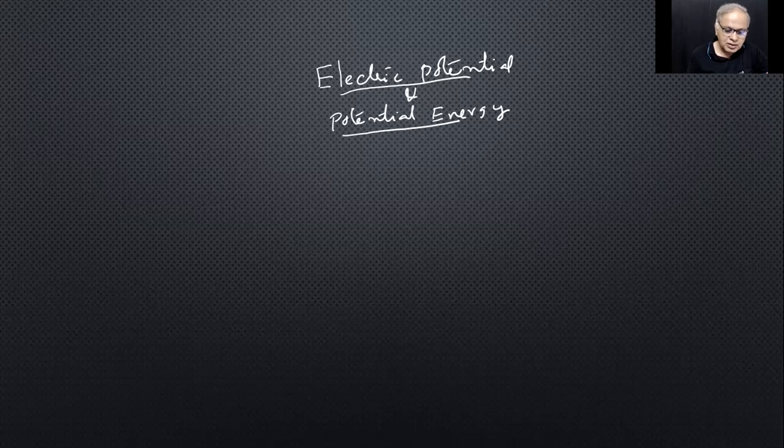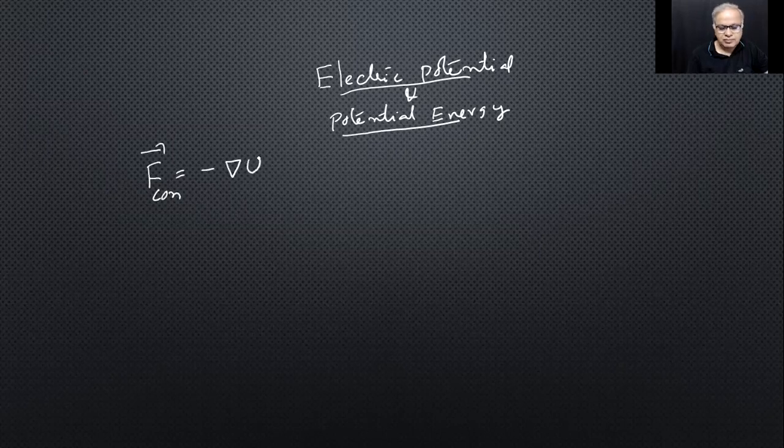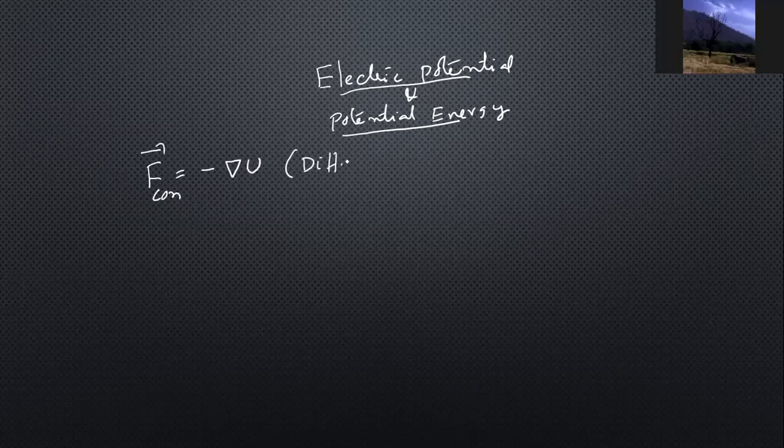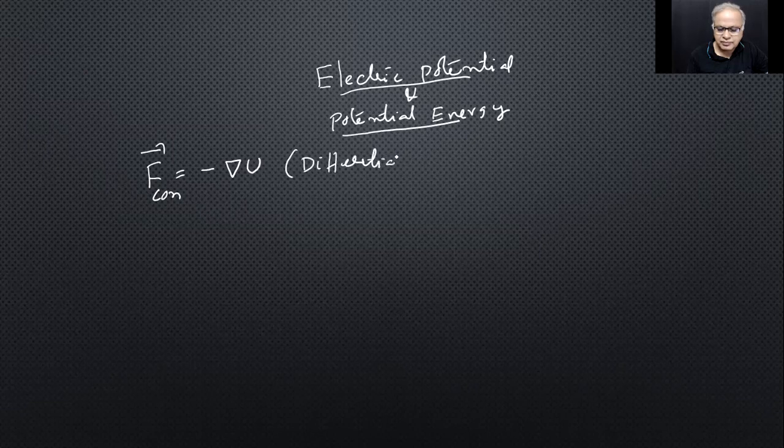Mathematically speaking, F conservative is equal to minus del U, the differential form. What is this form? What is del?